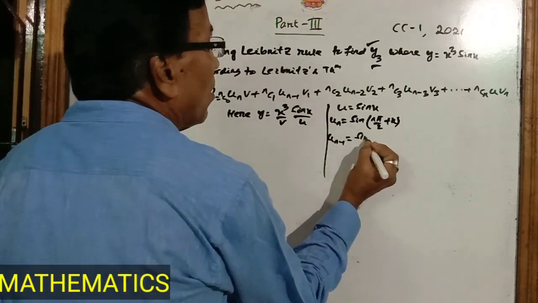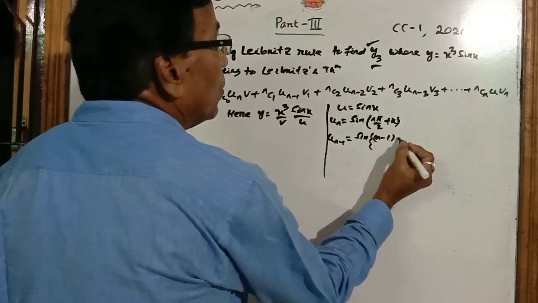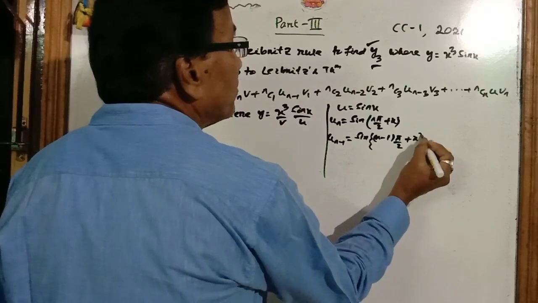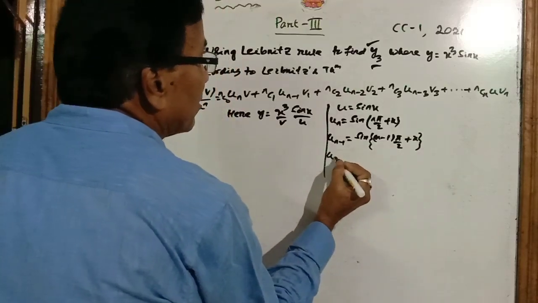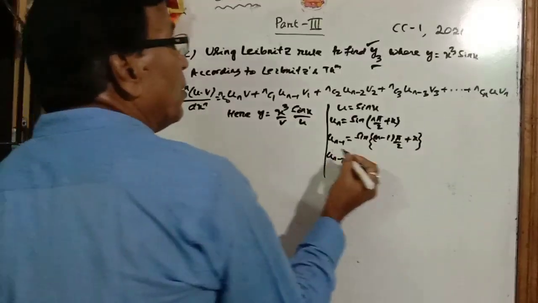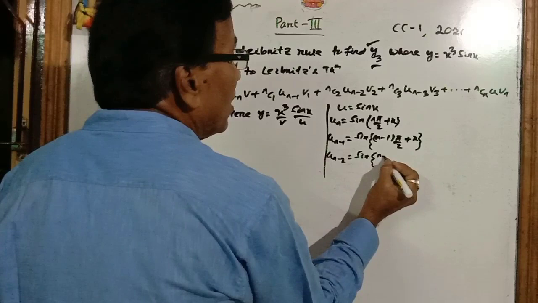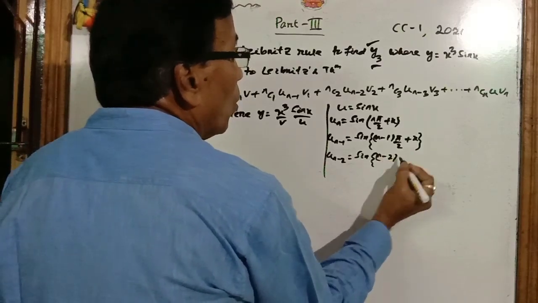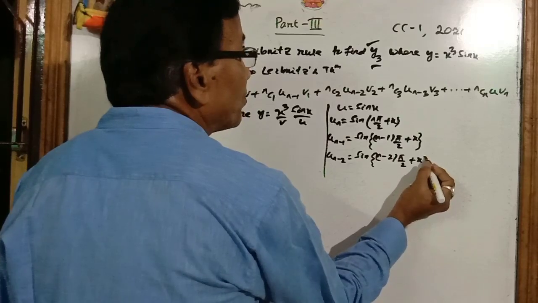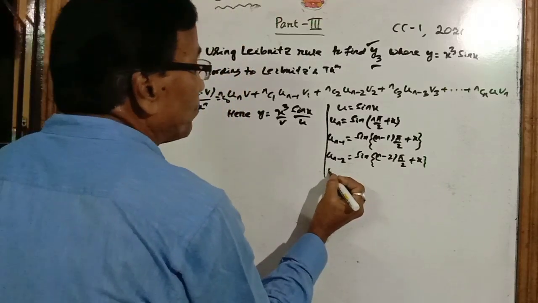It is sin of (n minus 1) pi by 2 plus x. Similarly, what is the value of u subscript n minus 2? That is the n minus second derivative of u. That is sin of (n minus 2) into pi by 2 plus x.